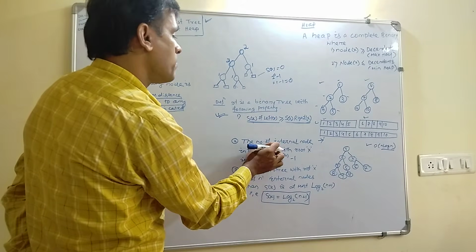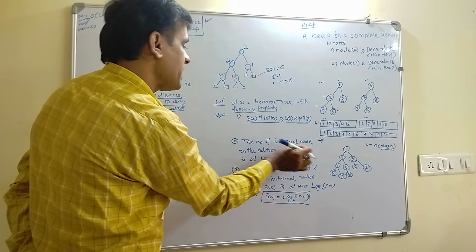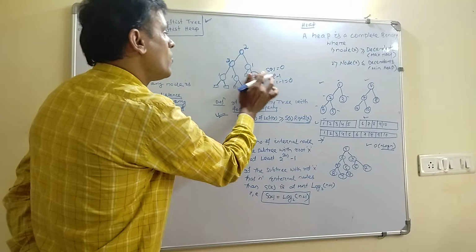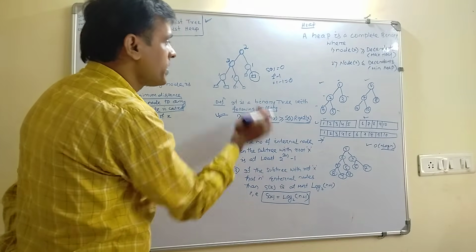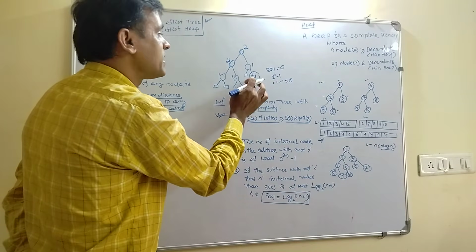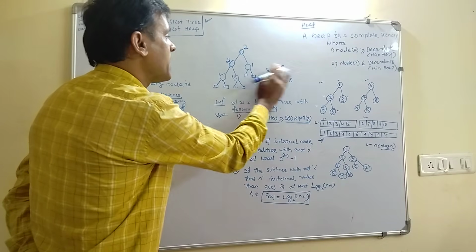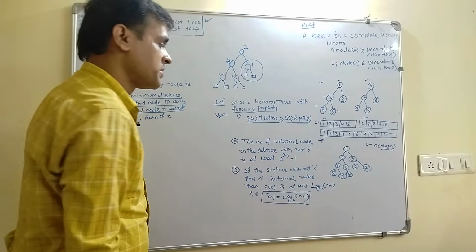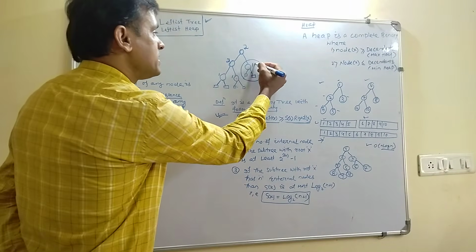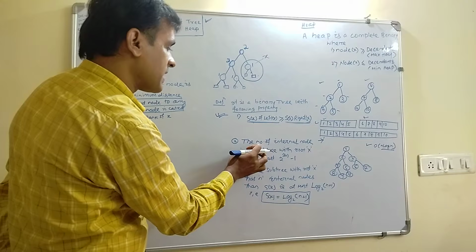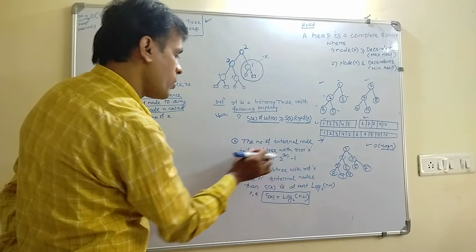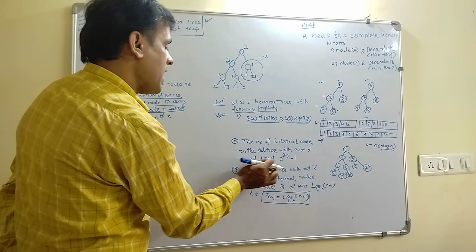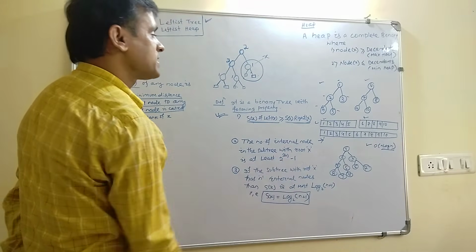That means the number of internal nodes for this root x, since we are considering this tree, is 0, because there is no subtree here. Now we will consider the same thing for any other node. Suppose you are considering this one. Now you check that your x is here and the second property says the number of internal nodes in the subtree with root x is at least 2 to the power Sx minus 1.